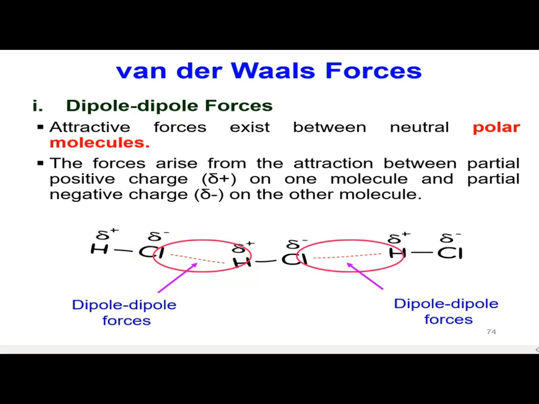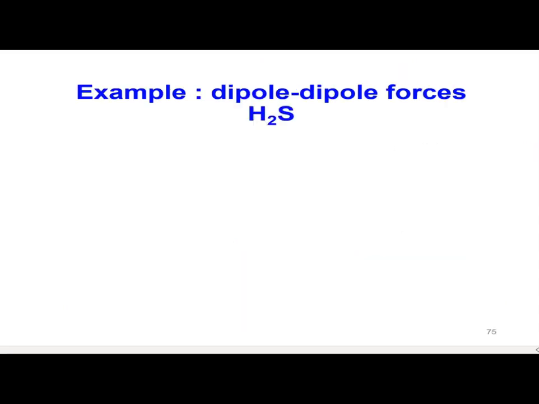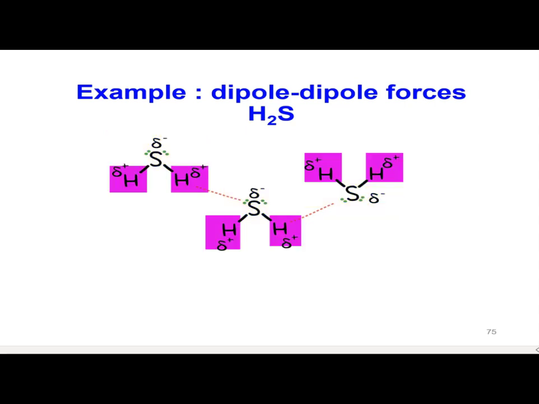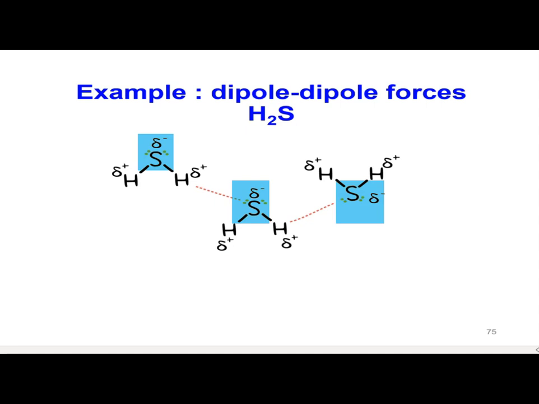The second example is showing the dipole-dipole forces that exist between hydrogen sulfide molecules. Just like hydrogen chloride molecules, hydrogen sulfide has hydrogen with partial positive charge and sulfur with partial negative charge because sulfur is more electronegative than hydrogen.